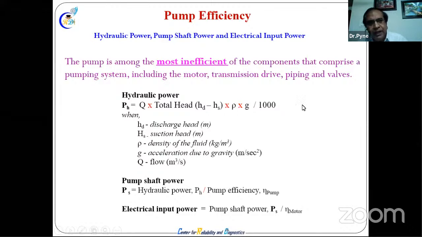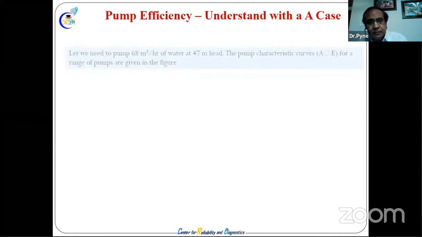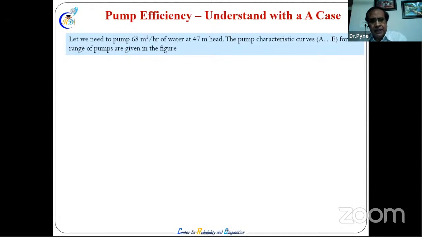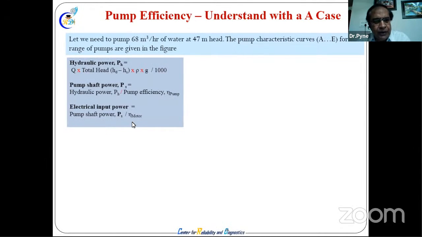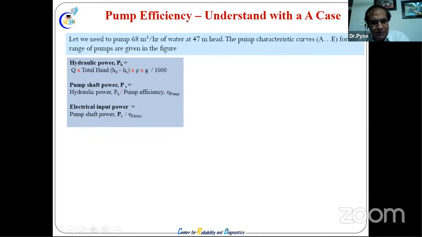That's why hydraulic power is always lower than the shaft power. Shaft power is always higher because of the pump's own efficiency. If you take that into account, the electrical input will be much higher than the shaft power, and the shaft power will be much higher than the hydraulic power. So I don't know whether I told it in the correct way in the previous minute or not.